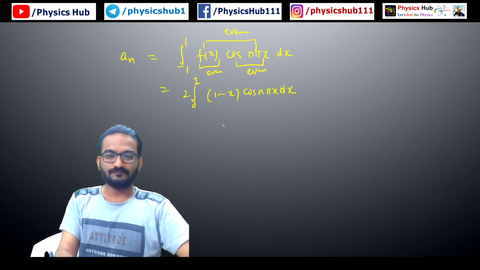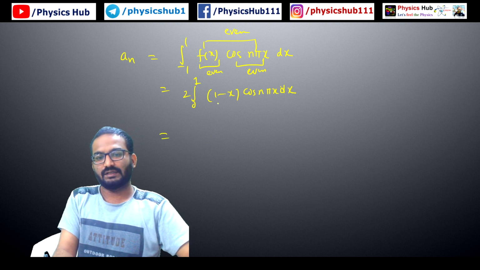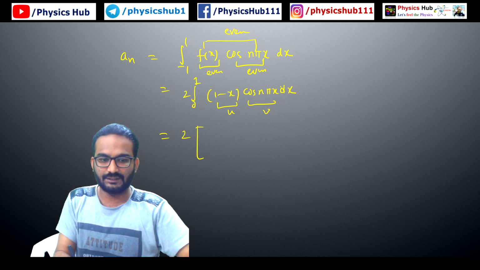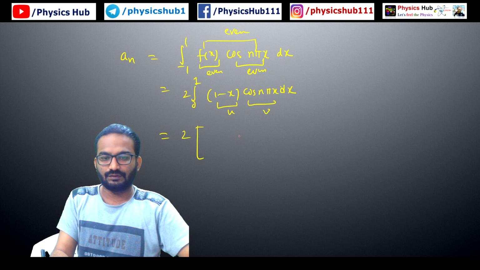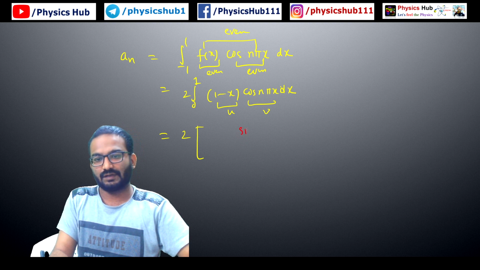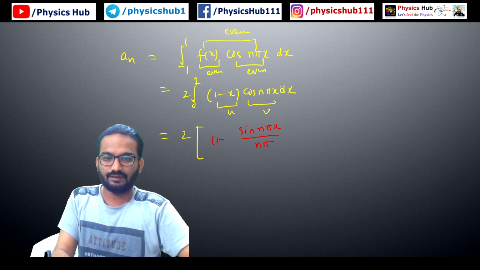Okay, so you can consider this as u and this as v. Then you can do partial integration by parts. So the integral of cos n pi x is sin n pi x divided by n pi, and 1 minus x will remain as it is.